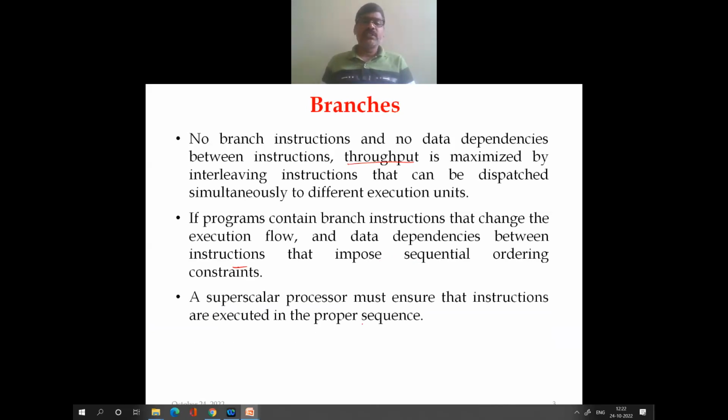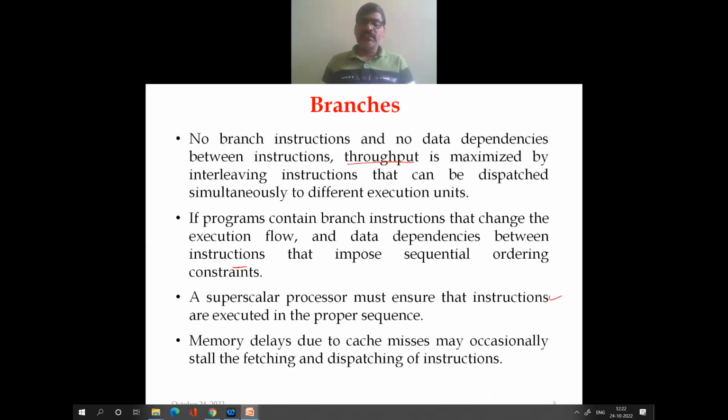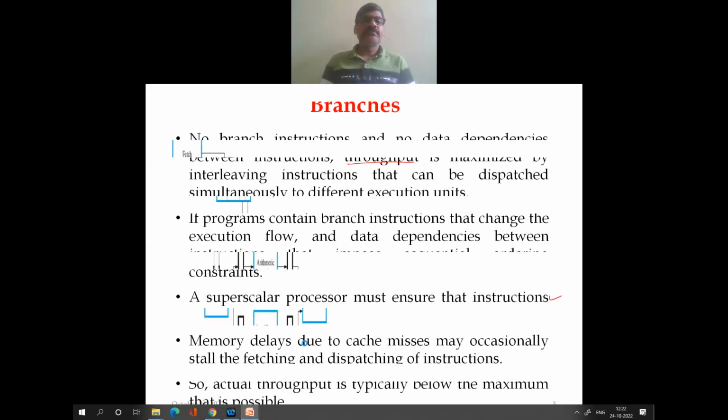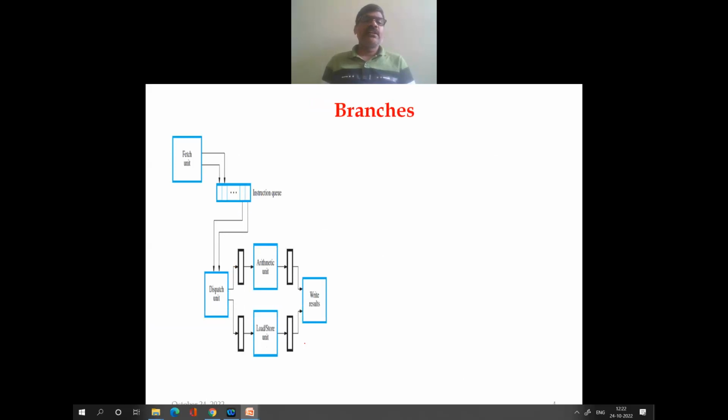We have seen that a superscalar processor must ensure that the instructions are executed in the proper sequence. Memory delays due to cache misses may occasionally stall the fetching and dispatching of instructions, so actual throughput is typically below the maximum that is possible.